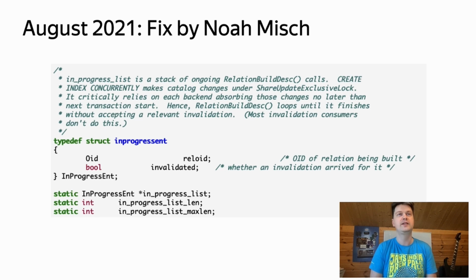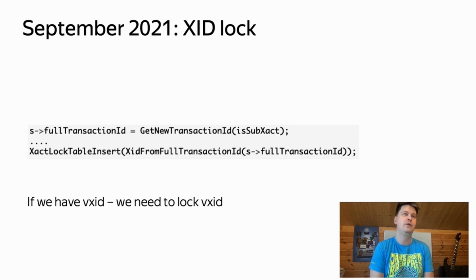And this fix solved the problem of concurrent index creation without prepared transactions. But by September of 2021, prepared transactions still were not working with concurrently created indexes. One of the problems that I found was that when we are converting a virtual transaction to a real transaction, we must take a lock for the transaction.